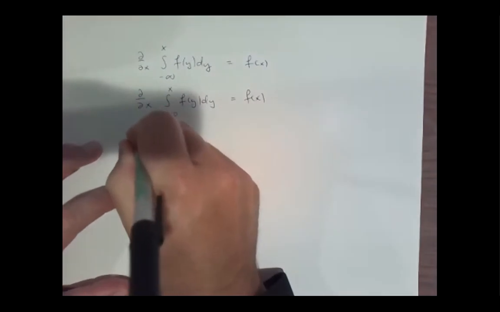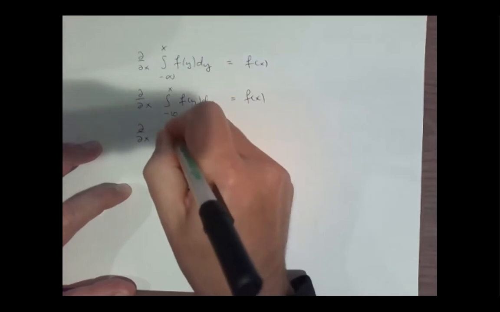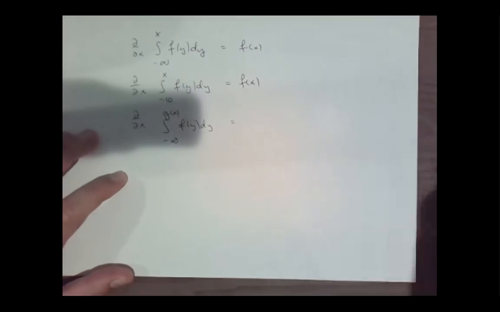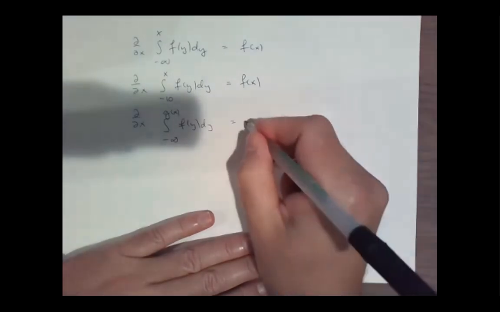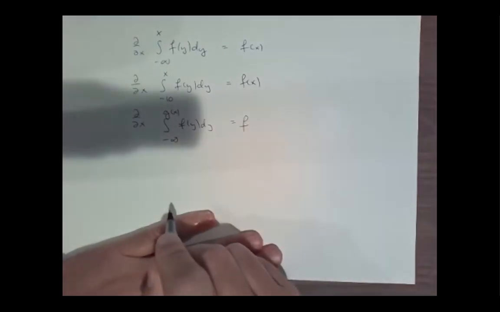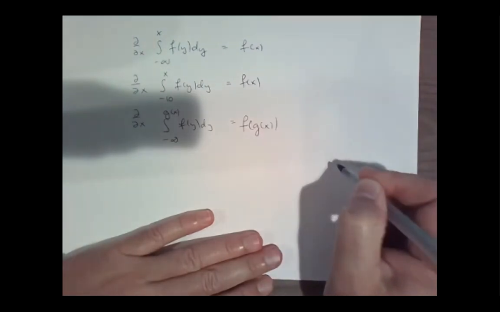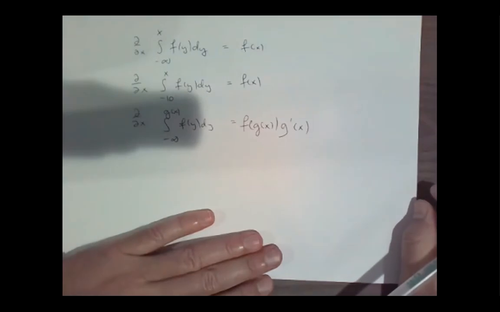So then if you do the derivative with respect to x of an integral from, say, minus infinity to g of x, f of y dy, what do we get? We get f of g of x, and then times the derivative, g prime of x. Oh, okay.